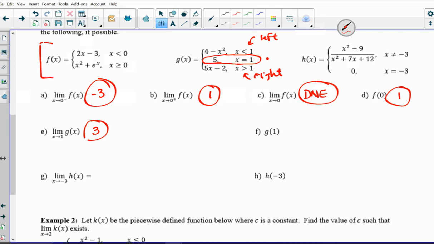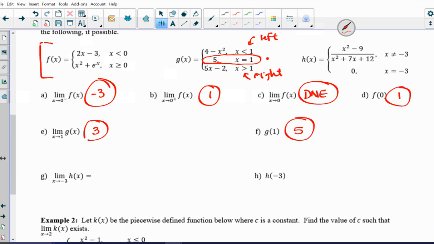If I plug 1 into both of those pieces, I do get 3. Do we see it? Yeah. That 5 in the middle there is just a mess. Yep, because you need to see if they match. All right, but then g of 1, what is the actual function value? That is 5, yes. We're getting the difference there?